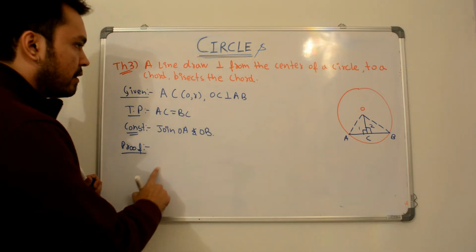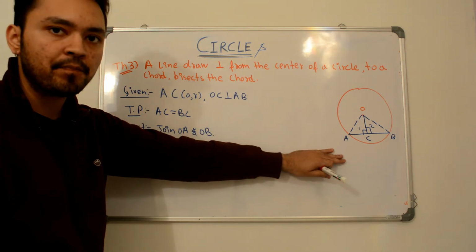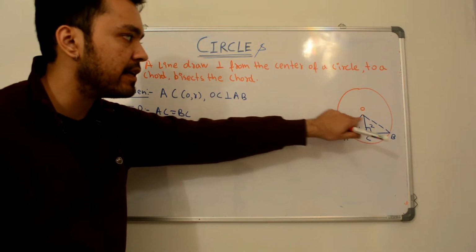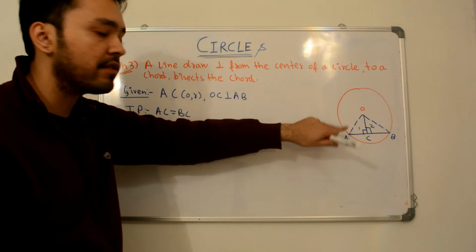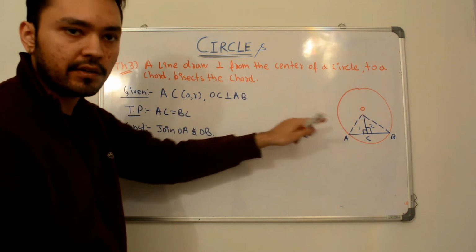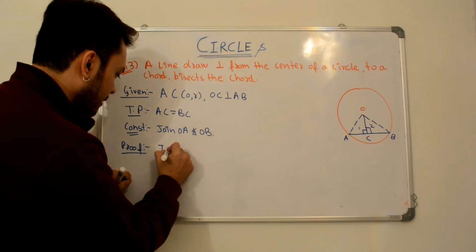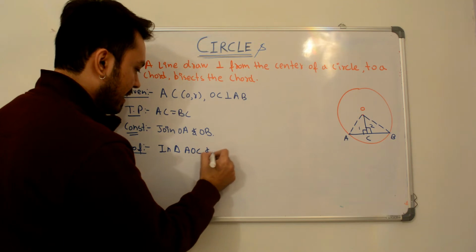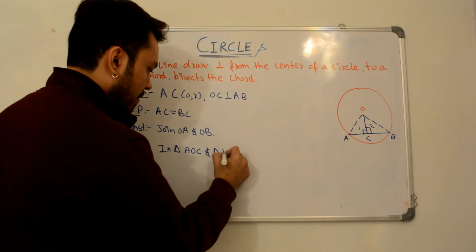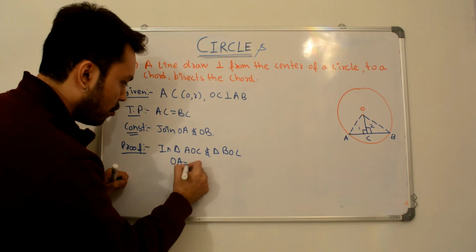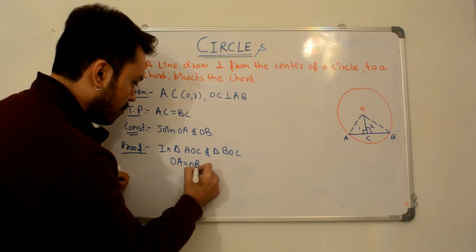What is the proof? Now if you just look at the figure, you might remember that you have done similar figures in congruency of triangles. The only difference is that now this figure is enclosed in a circle, right? So in triangle AOC and triangle BOC, first of all, OA is equal to OB.